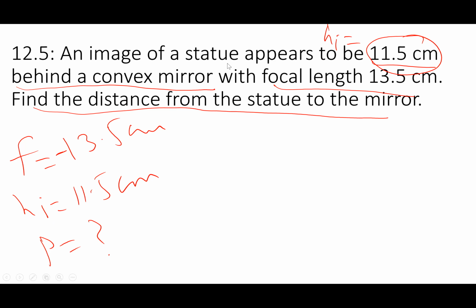Focal length is given, image distance is given. An image of a statue appears to be 11.5 centimeter behind a convex mirror. This is image distance, not height.